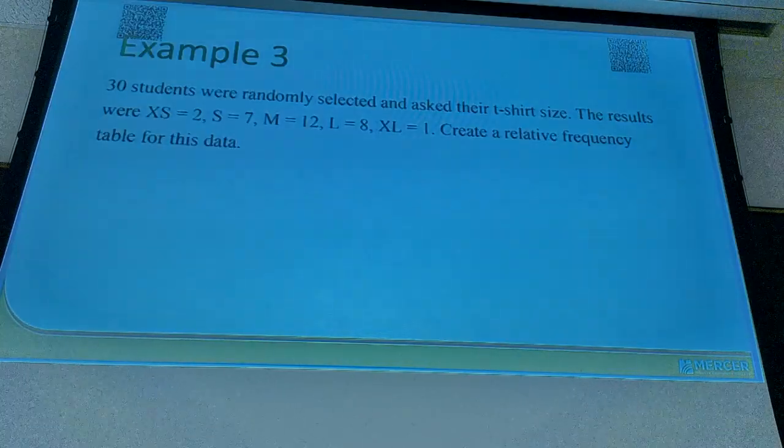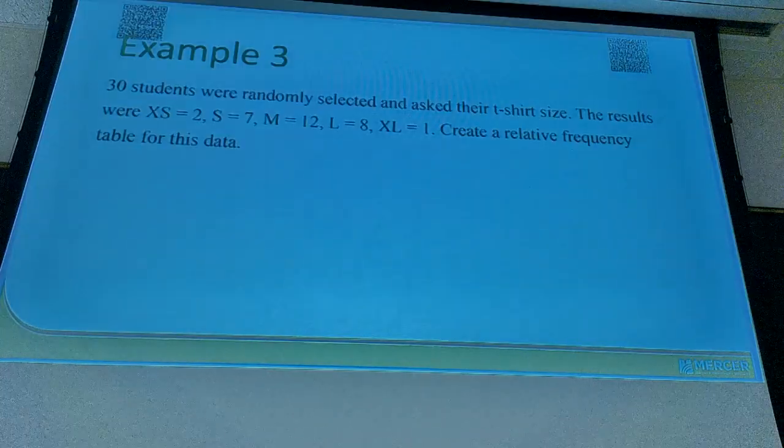Thirty students randomly selected asked for their t-shirt size. Create a relative frequency table. Here we just want the relative frequency. Now, I'm going to ask, whoops.